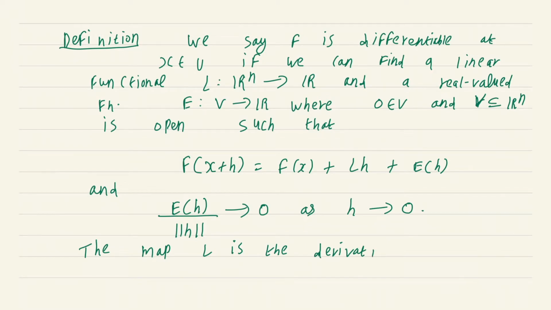We denote this by df of x. Okay, so the derivative in this scenario is modeled on our observation that the derivative in one variable is the best linear approximation. So let me just make some remarks.